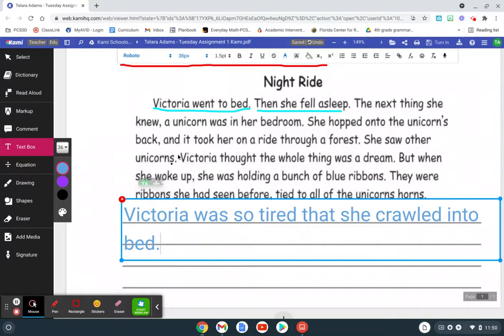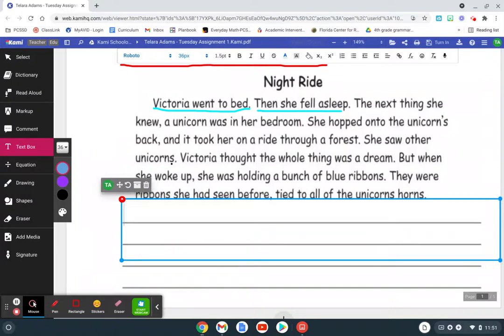Victoria was so tired that she crawled into bed. That's a little more interesting than Victoria went to bed, you think? Yes? Then you can use this example. Pause it if you like and type it on your assignment. To show, it doesn't have to be a lot of words. We can also say, Victoria fell into bed.